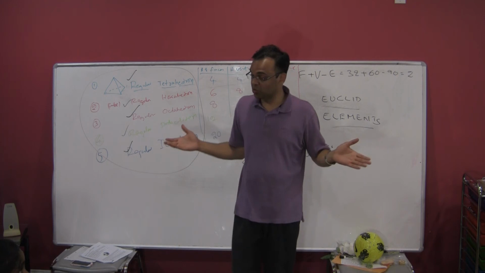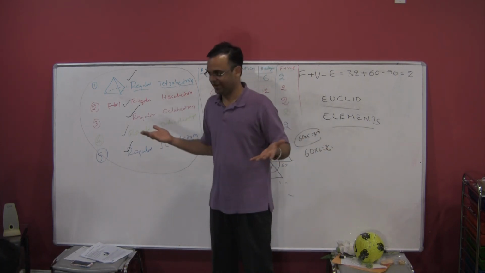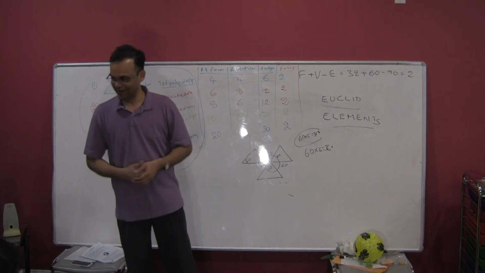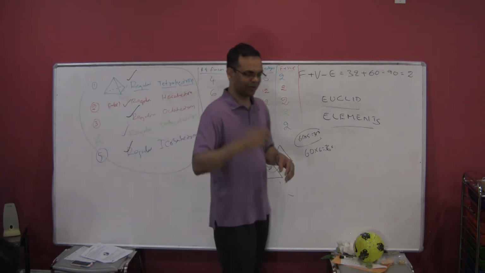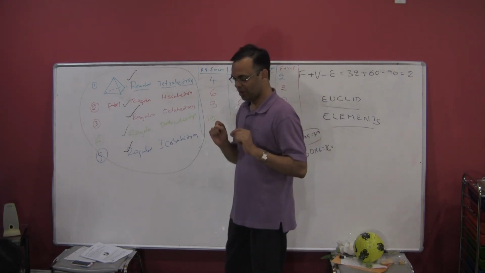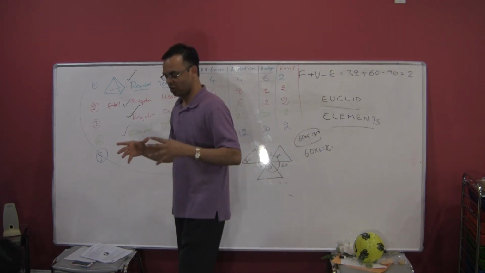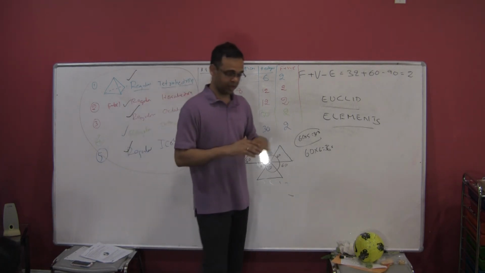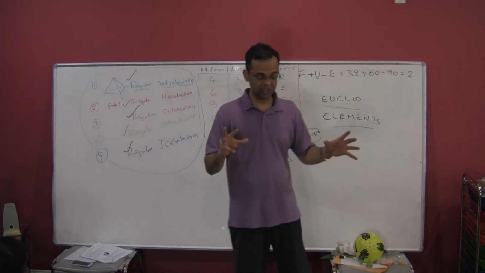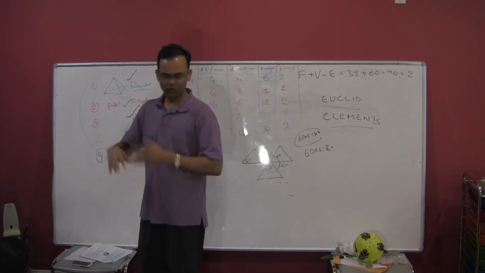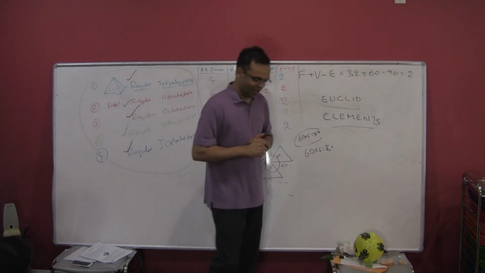And there was no way to find out without breaking it in those days. And he came up with a method. He got the idea in his bathtub. And he runs out shouting Eureka, right? We'll talk about this another time. He's the same Archimedes. He lived in the Greek kingdom, a place called Syracuse, and is considered one of the three greatest mathematicians in the world ever. But we'll spend more time on that some other time.